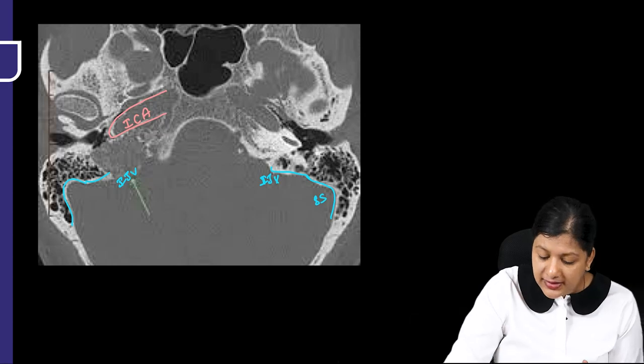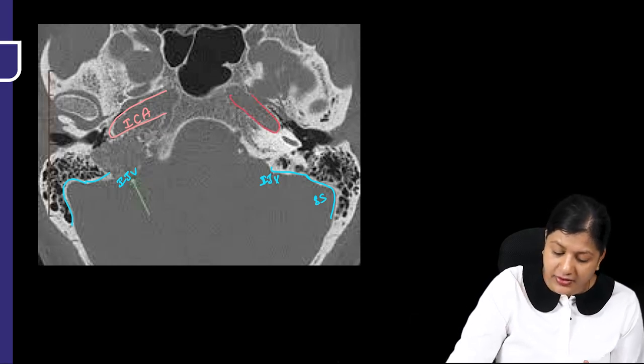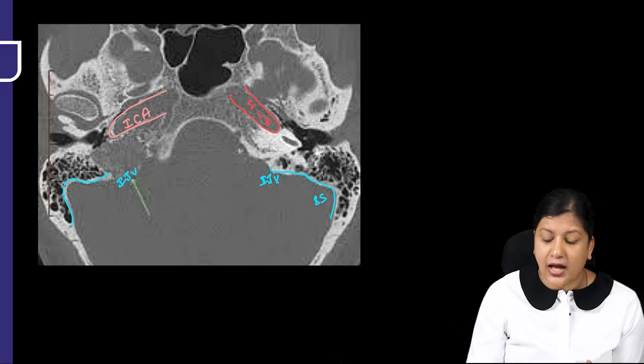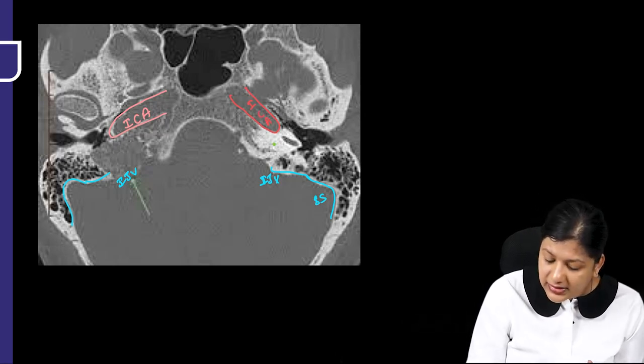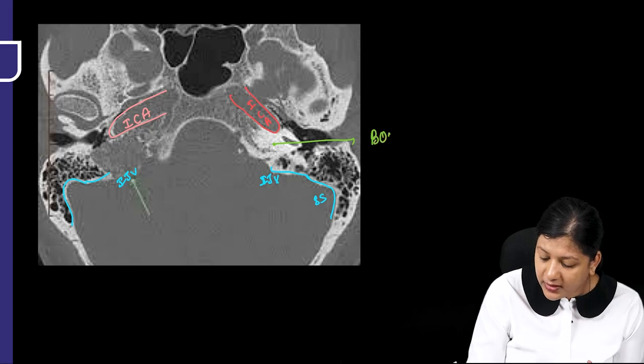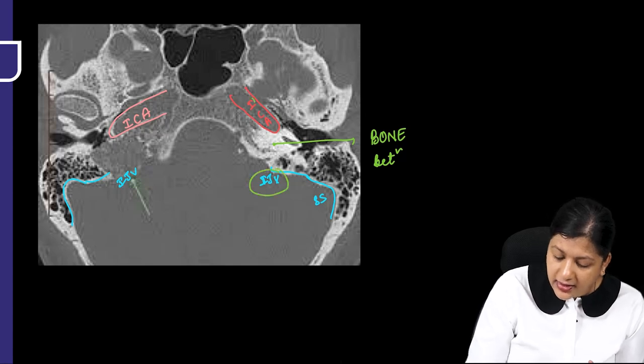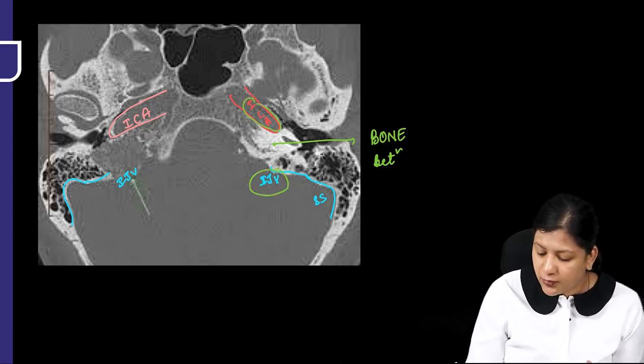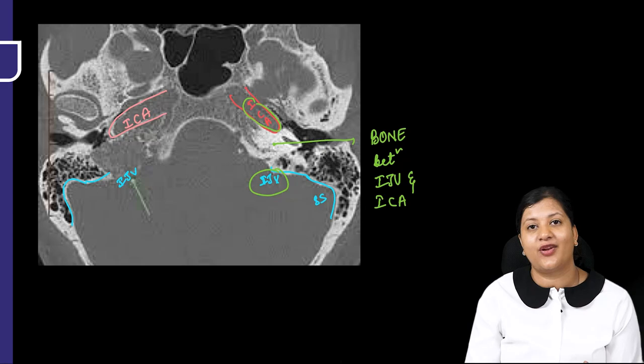Now you see this is your carotid impression, so this is your ICA. Are you able to appreciate there is a chunk of bone present here between the jugular and the carotid? Yes, so there is bone present between the internal jugular vein and the internal carotid artery.